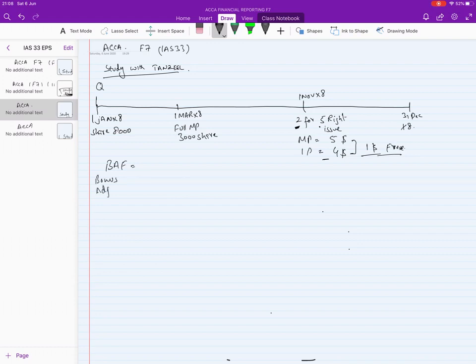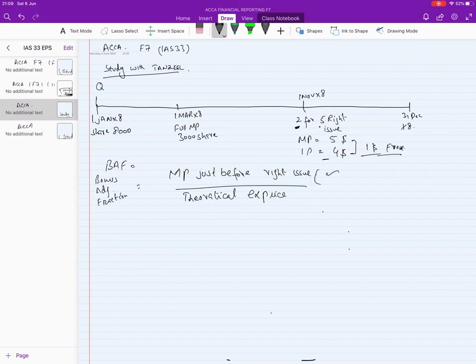This is the market price, always the market price just before the rights issue, divided by the theoretical ex-rights price.